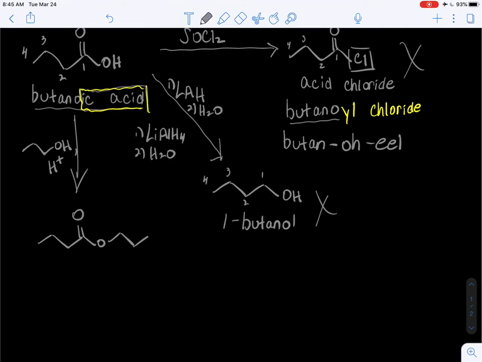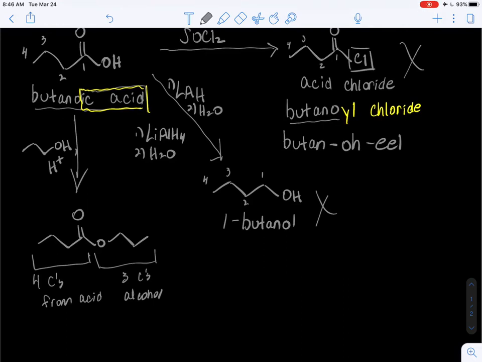Okay, so these 4 carbons come from the carboxylic acid. Most often we draw an ester like this with the carbonyl on the left and the alcohol portion on the right. And so these 3 carbons come from the alcohol.